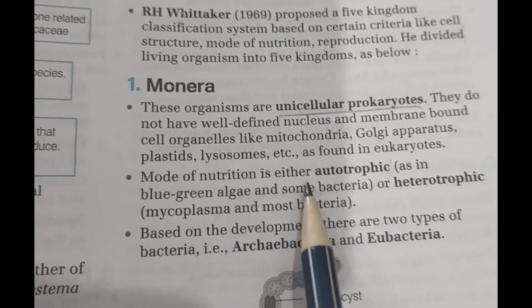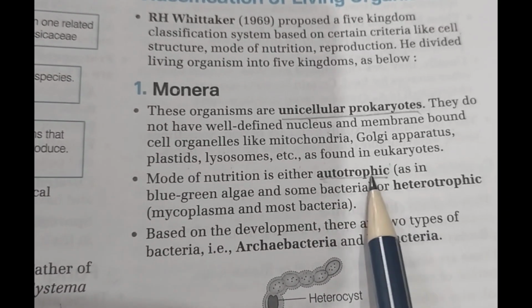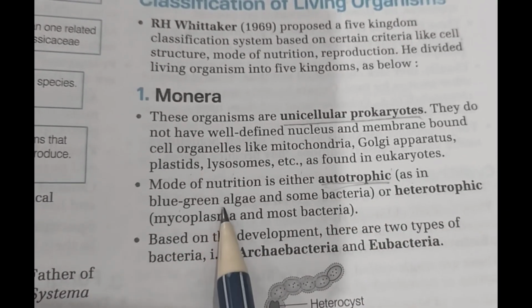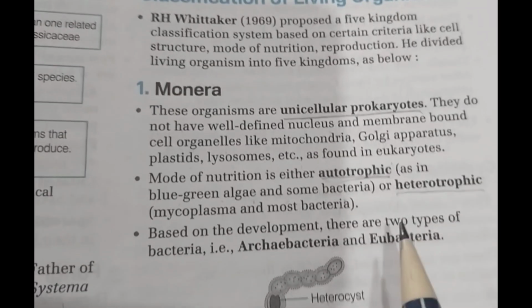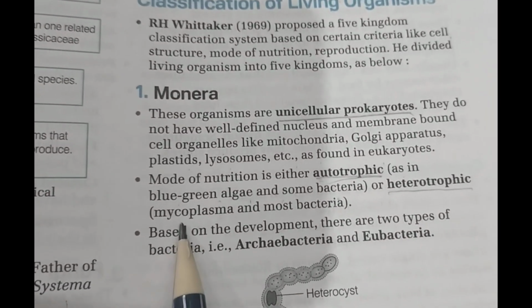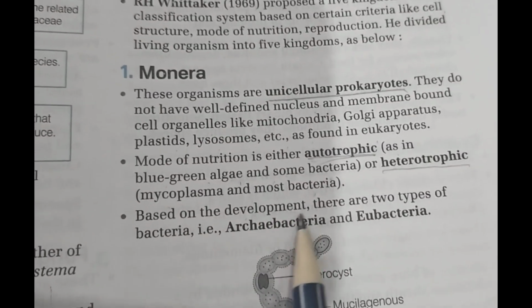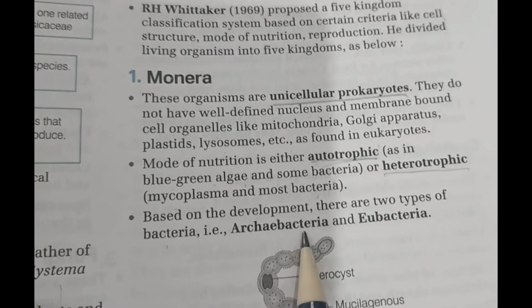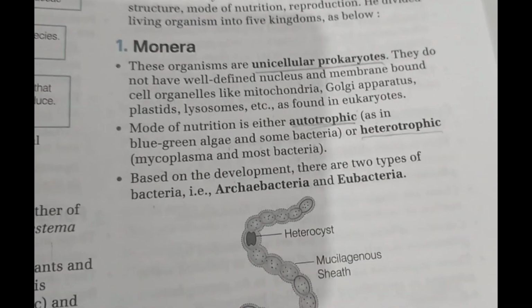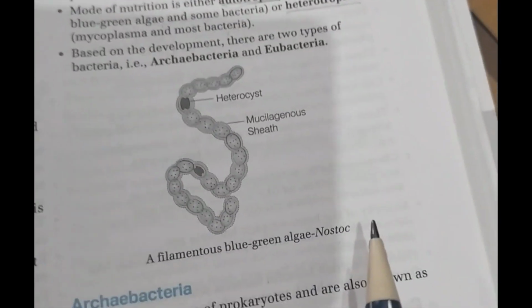Mode of nutrition is either autotrophic, जो खुद अपना खाना बनाते हैं, as in blue-green algae and some bacteria, or heterotrophic, which are dependent on autotrophs, like mycoplasma and most bacteria. Based on the development, there are 2 types of bacteria, archaebacteria and eubacteria. So this is a filament of blue-green algae. You can have a look.